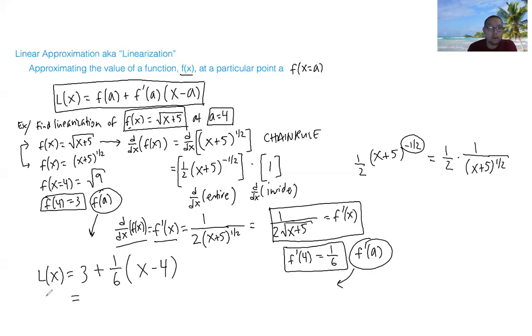And now all we have to do is simplify. So L of x is equal to 3 plus 1/6 x minus 4 over 6.